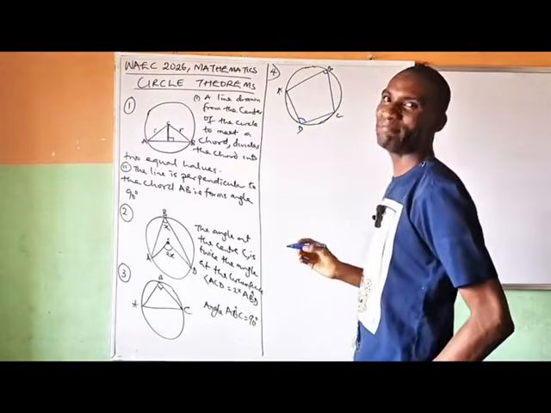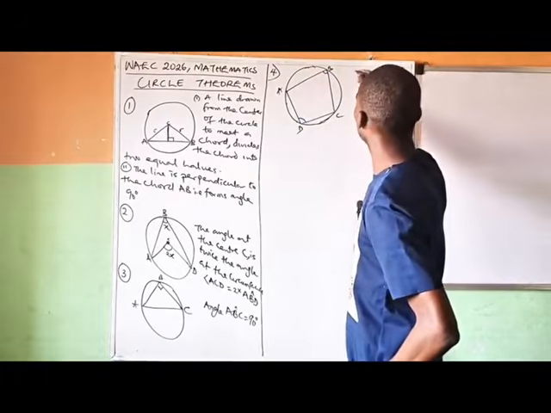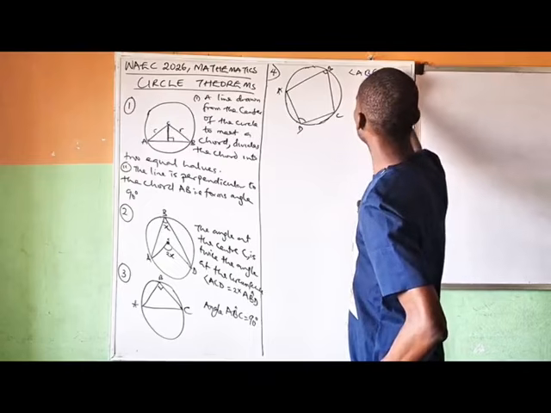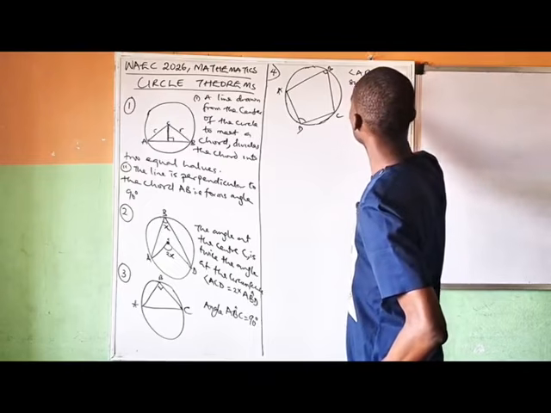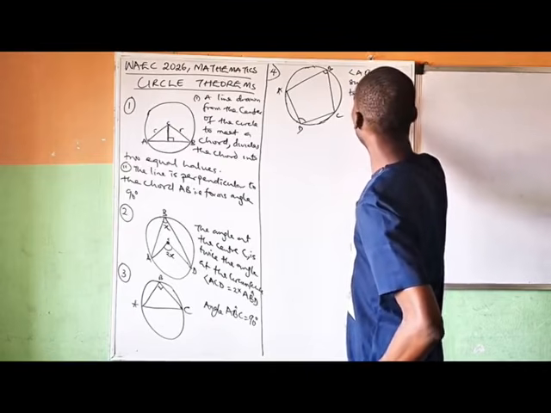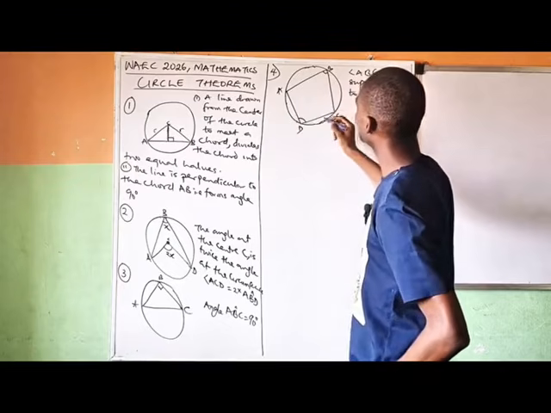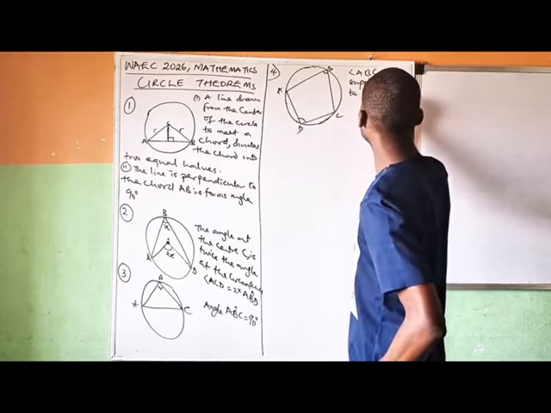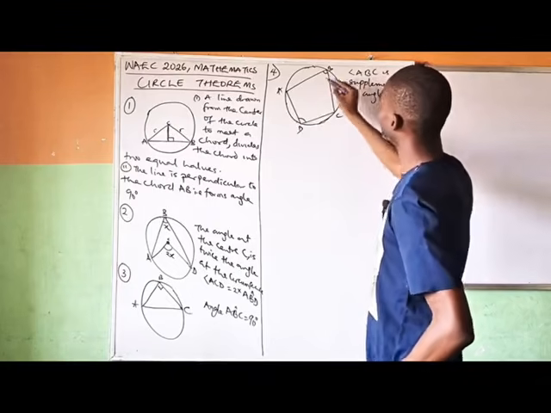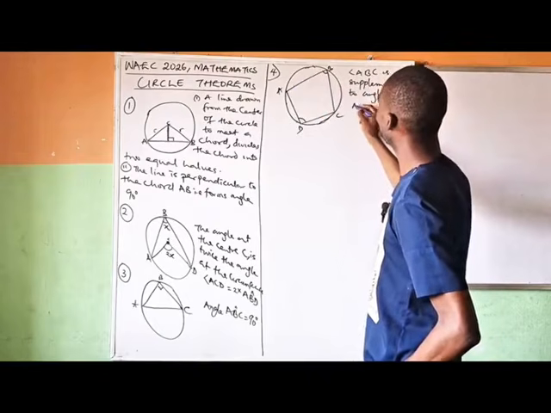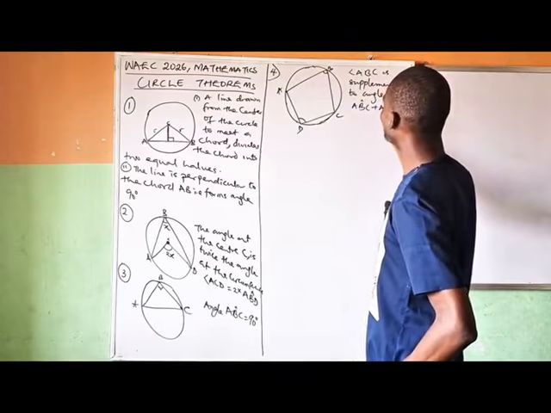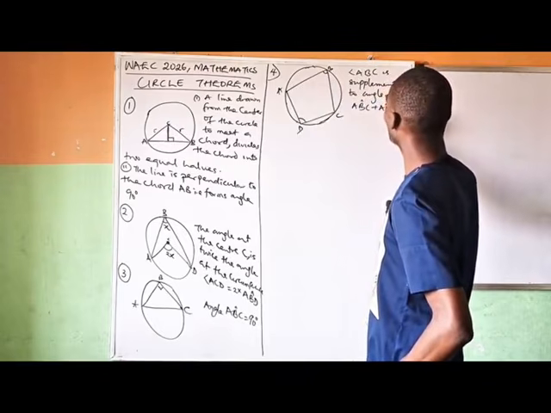are supplementary. So angle ABC is supplementary to angle ADC. And what's the meaning of that? It means my angle ABC plus my ADC is equal to 180 degrees.